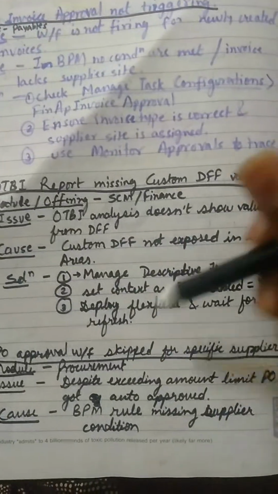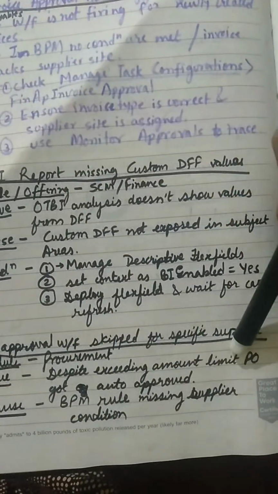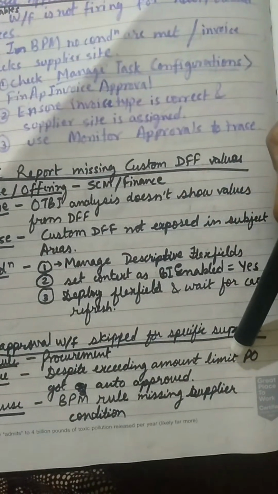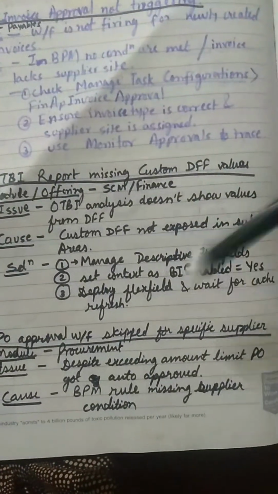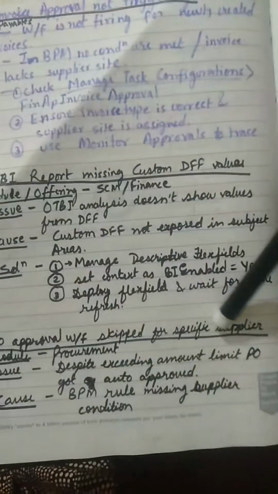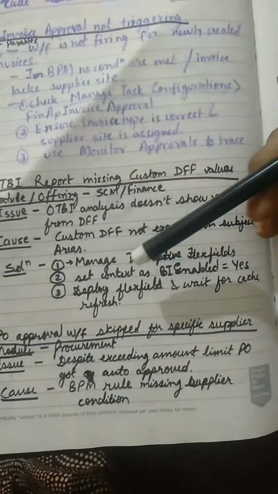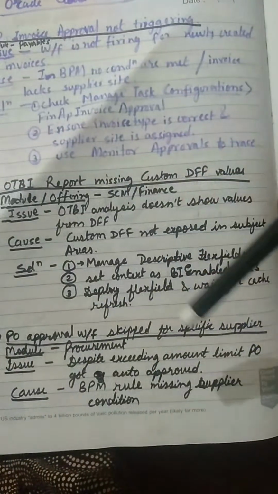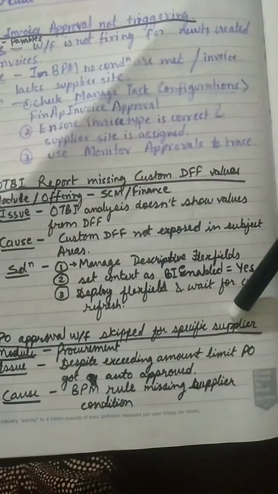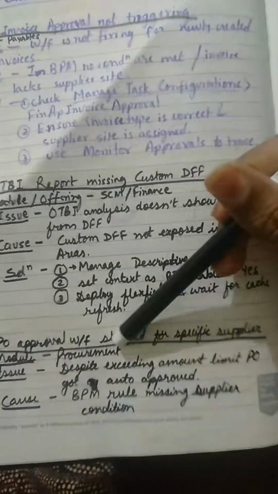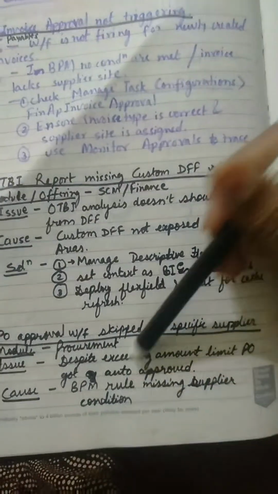So if my particular PO is exceeding $10,000, despite exceeding that, it is skipped from the PO approval workflow for a particular supplier, and it is getting auto approved.